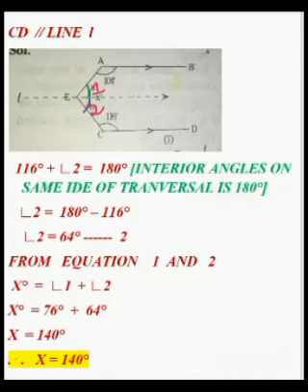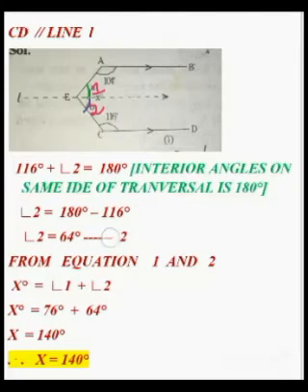So we have to find out the value of angle 2. Angle 2 is equal to, let us transpose 116 to the right-hand side, 180 degrees minus 116 degrees, which is 64 degrees. Angle 2 is equal to 64 degrees.